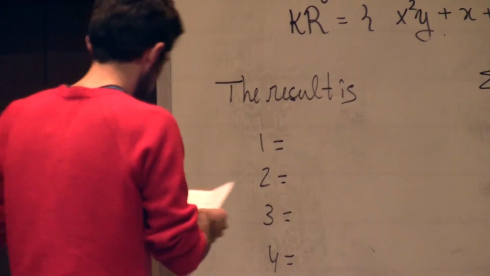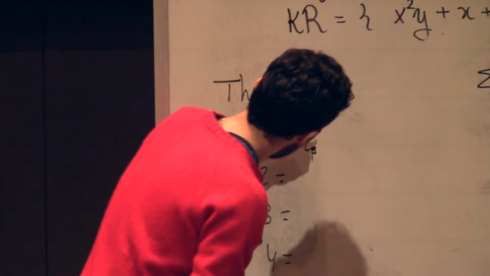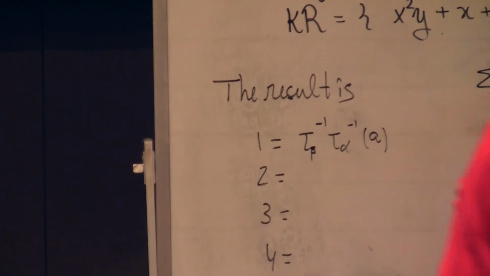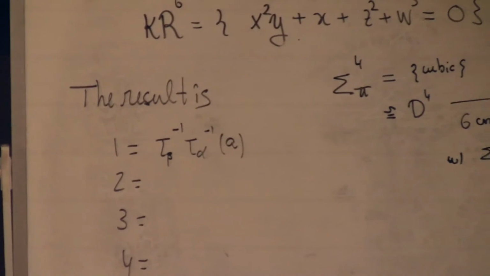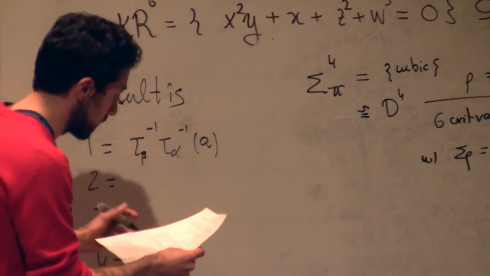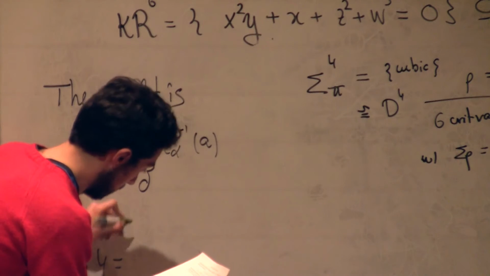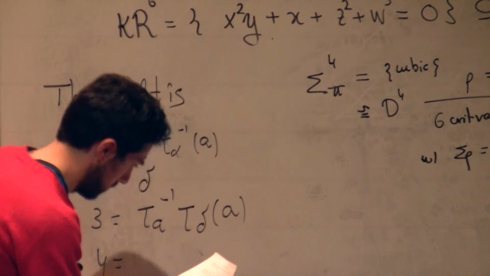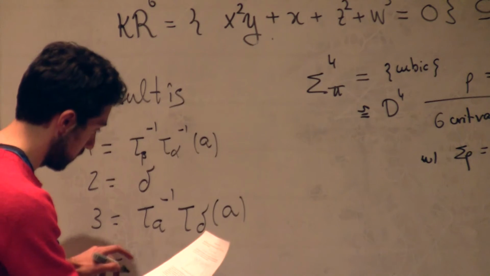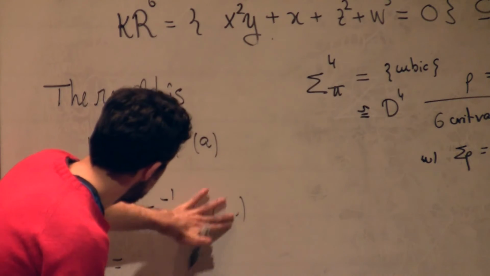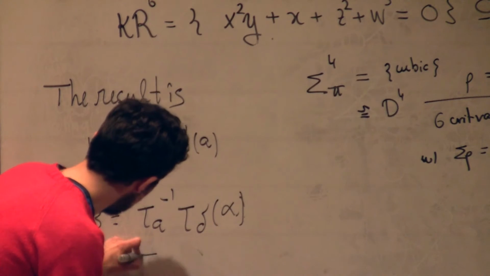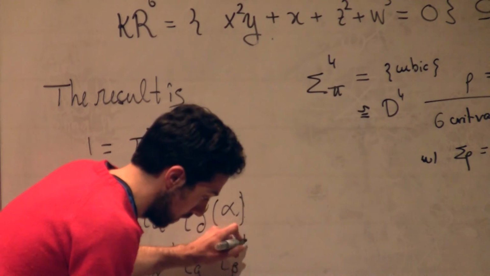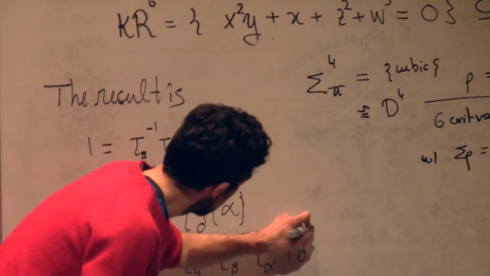Written as follows. V1 is going to be tau beta 1 minus 1, tau alpha minus 1 of A, which is what we obtained here. And then you do exactly the same thing for the rest, and you get delta. I'm going to say who delta is: tau A minus 1, tau delta of A. And then the funky one, the hard one: tau A minus 1, tau A minus 1, tau alpha minus 1 of delta.